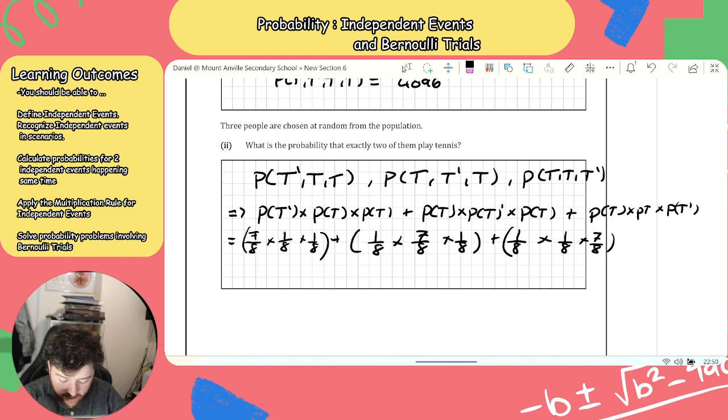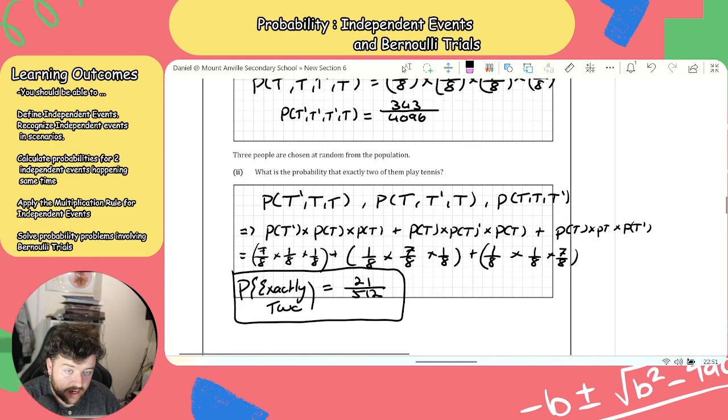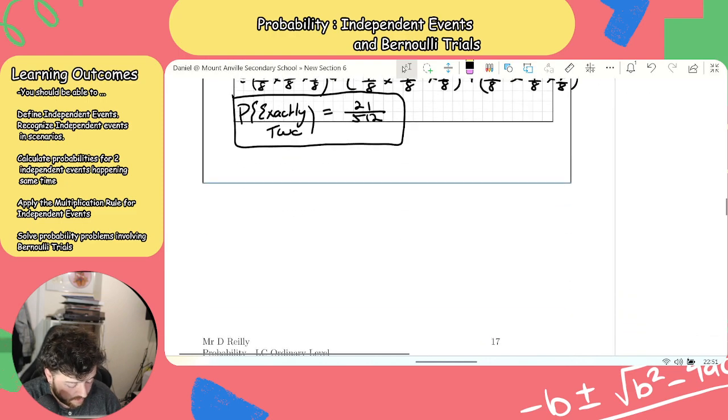Put all of that in your calculator. The probability of exactly 2 is going to be 21 over 512. That's my answer there, 21 over 512.